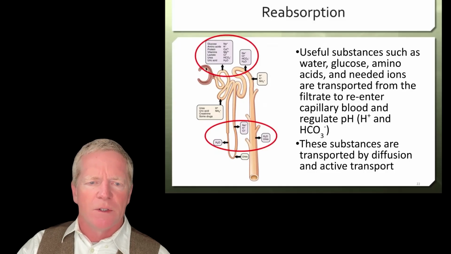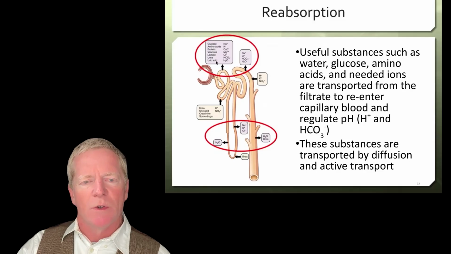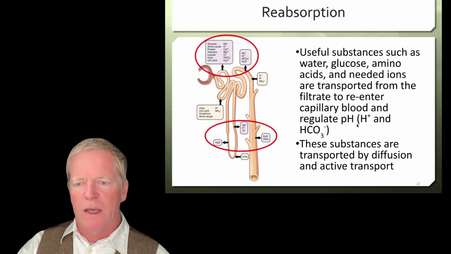So the filtrate from your blood only clears up some of the urea each time that it goes around. So it's basically an active process. It has to continually keep urea levels low in your blood. So yeah, useful substances, water, glucose, amino acids, and ions are transported from the filtrate and re-enter the blood. There's also regulation of pH by regulating the hydrogen ions and the bicarbonate in the blood.